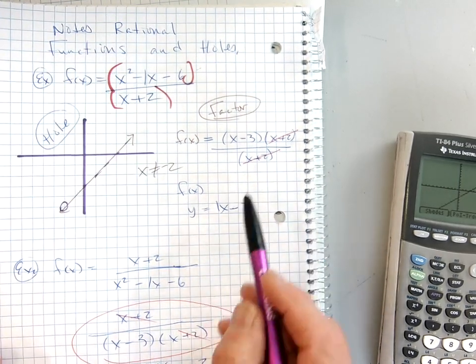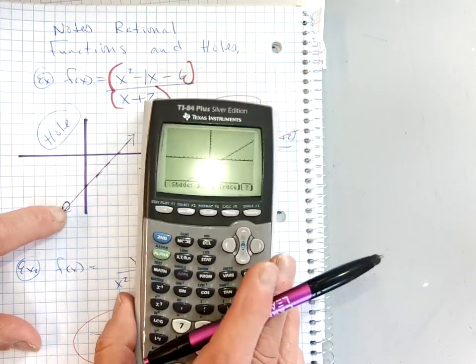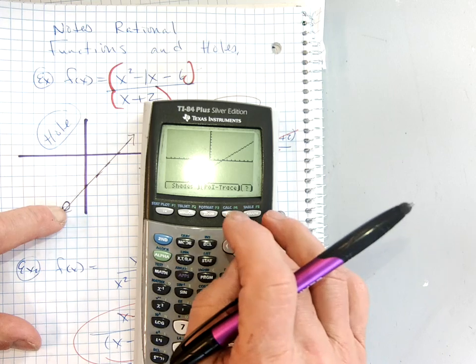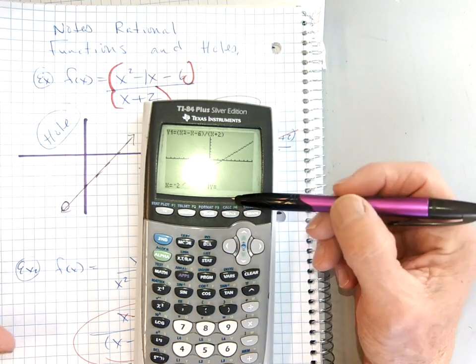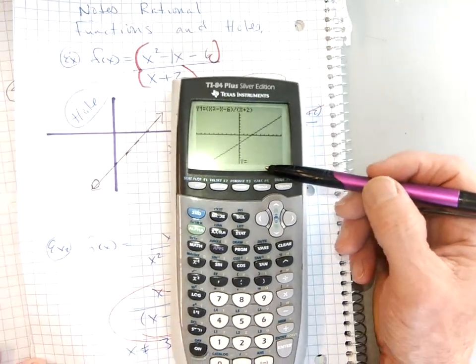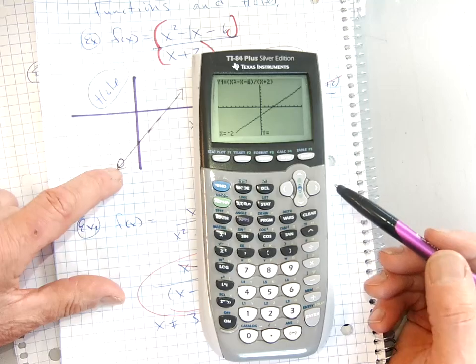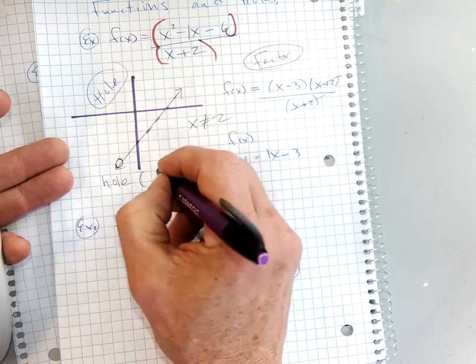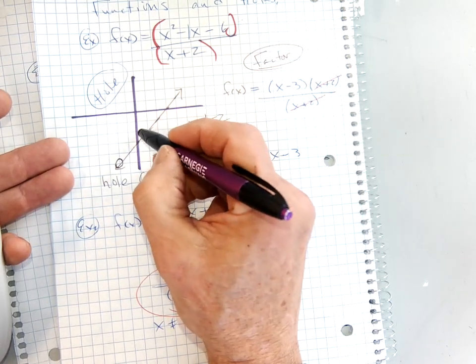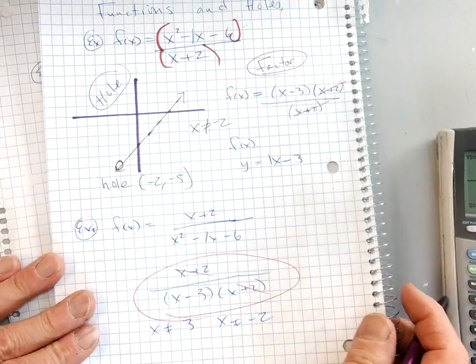So let's check out what's going on if I go trace, and I go to -2, and again, there's a hole. There's no value for y at all. So there's a hole right here at -2. Let's see, 1, 2, 3, 4, 5, -5. There's a hole, okay? All right, so that's kind of what we talked about.